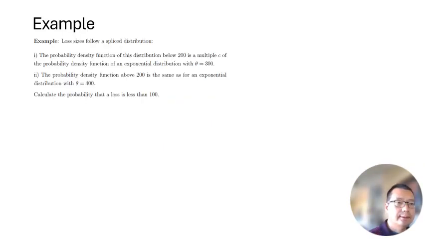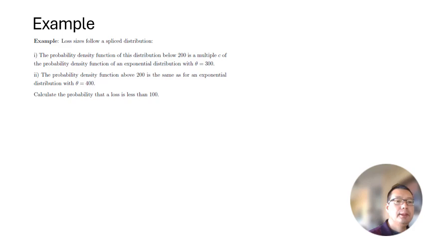Let's look at this example. Loss sizes follow a splice distribution. The probability density function of this distribution below 200 is a multiple C of the probability density function of an exponential distribution with theta equal 300. The probability density function above 200 is the same as an exponential distribution with theta equal 400.